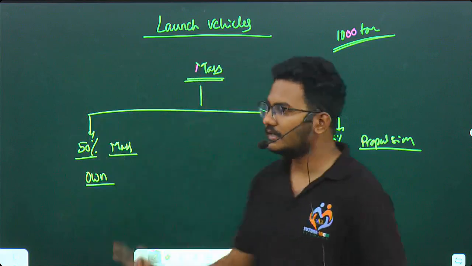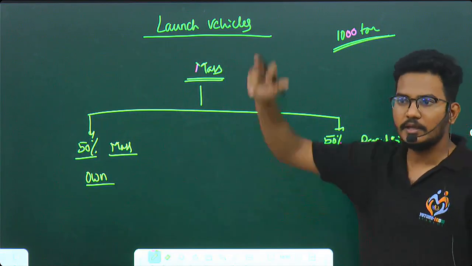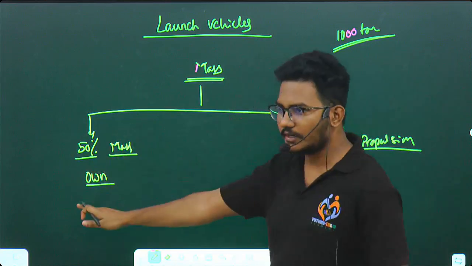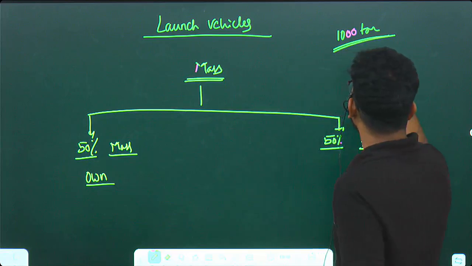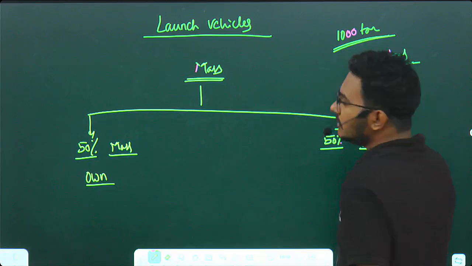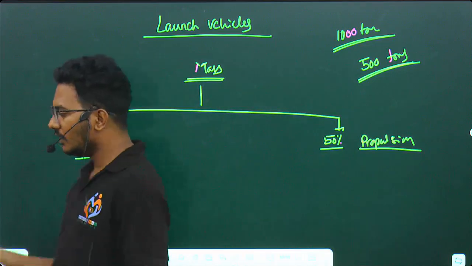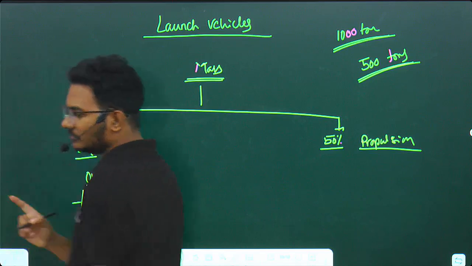That's the reason we take this in terms of mass. Mass will not decrease, it will be constant. So here 50% mass is its own weight, and the remaining 50%, which means almost 500 tons, is fuel.